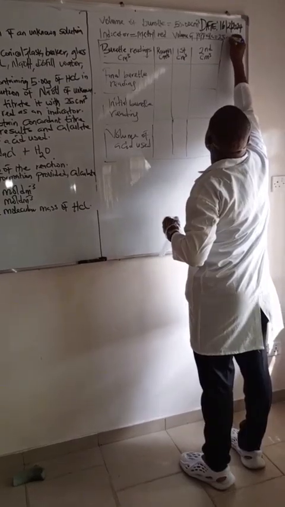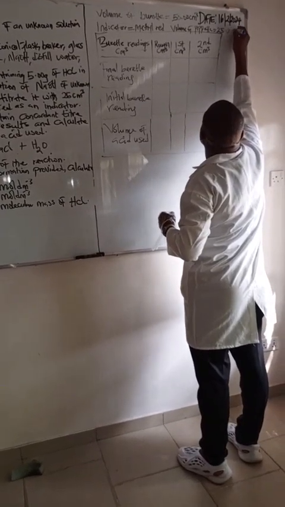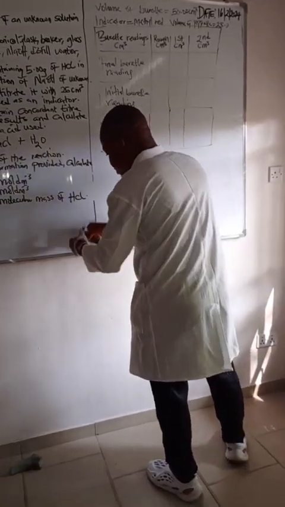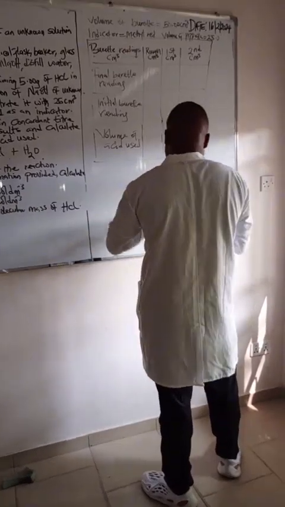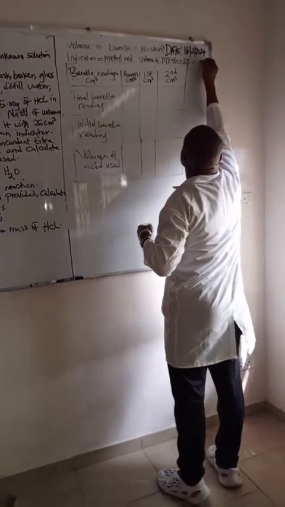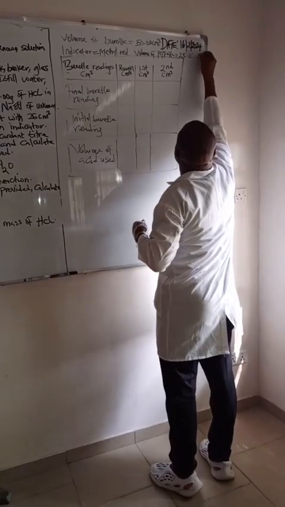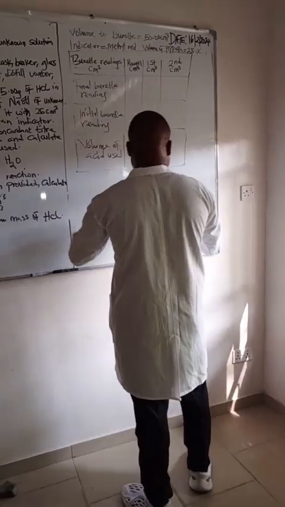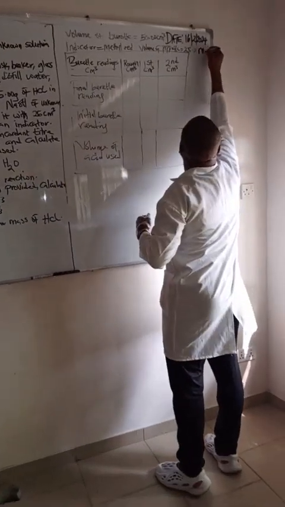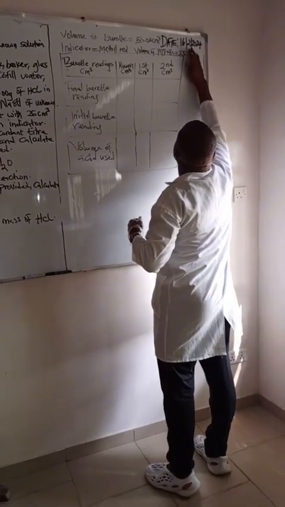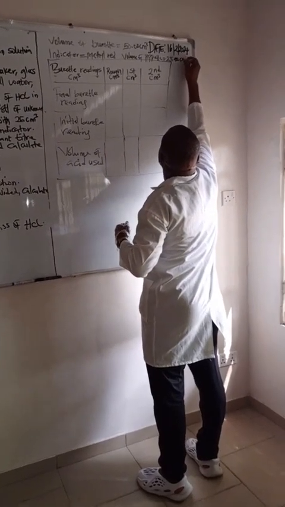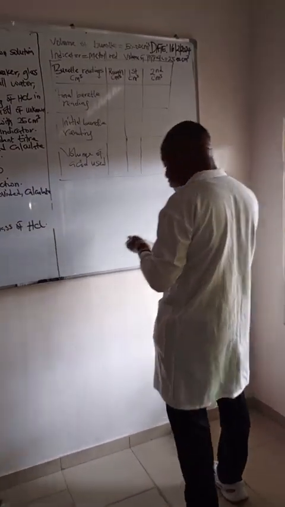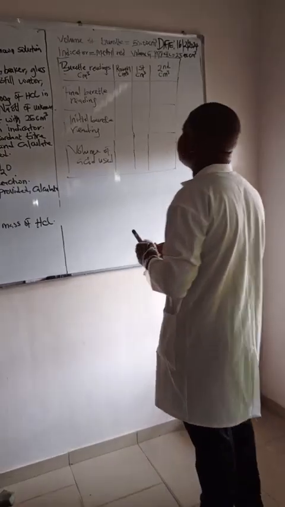Now the volume of pipette is 25.00 cm cube. That is our volume of pipette, 25.00 cm cube.